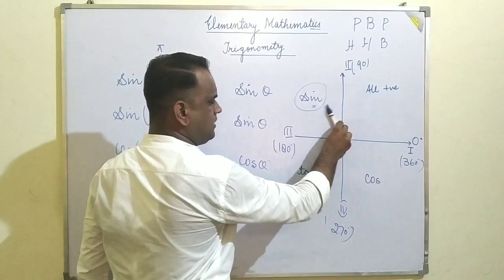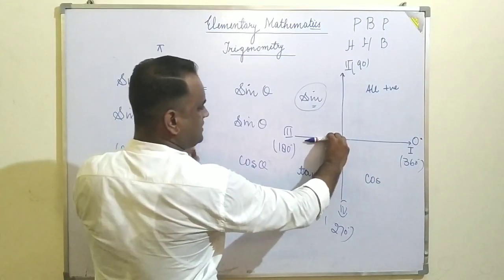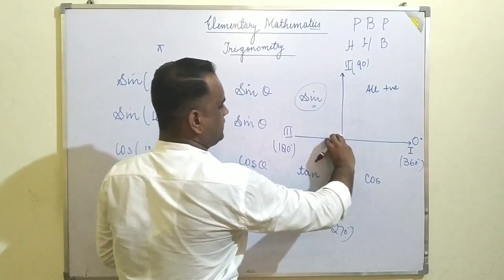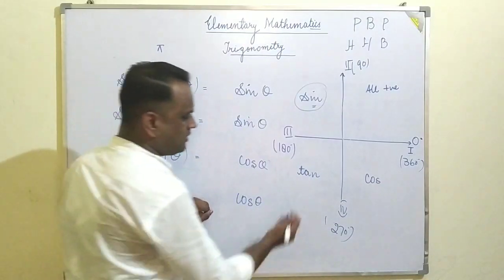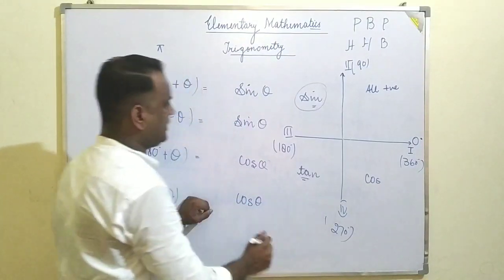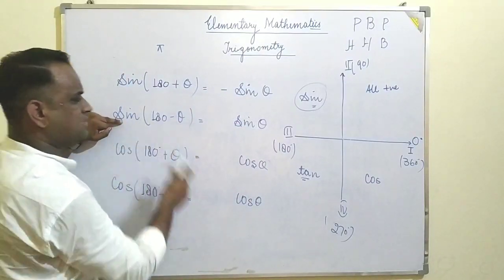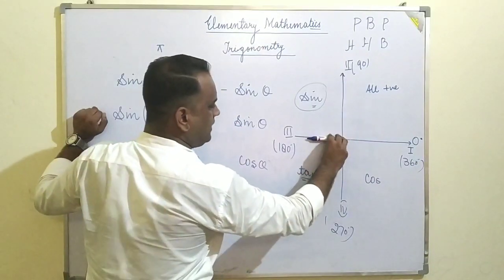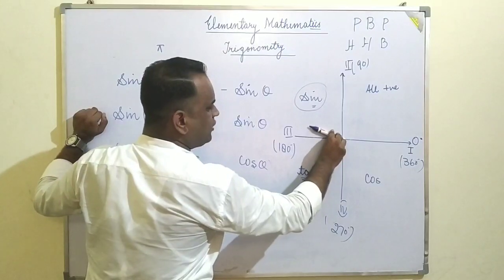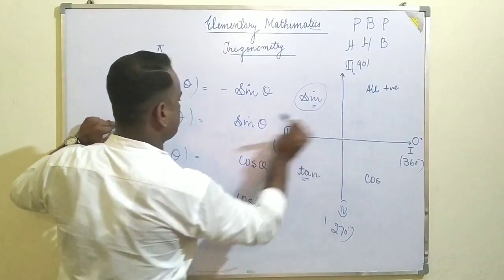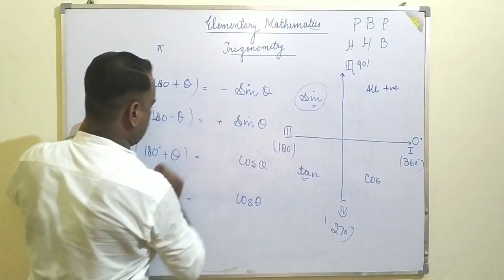For 0, 90, 180: 180 plus theta means the third quadrant. In the third quadrant only tan is positive, the rest are negative, so we will put negative. Sin(180 minus theta): 180 minus theta means the second quadrant, where only sin is positive, so here it will be positive.